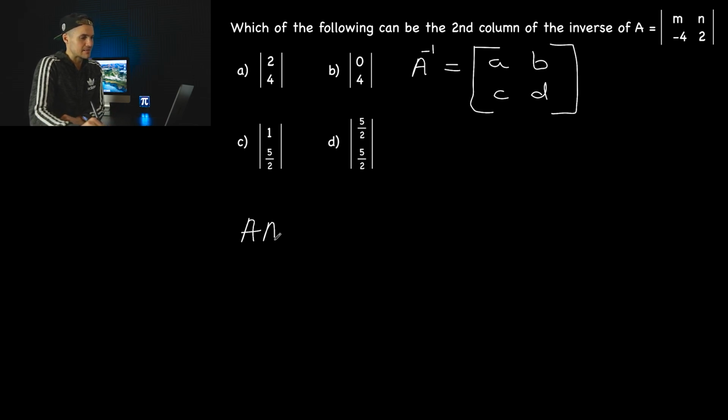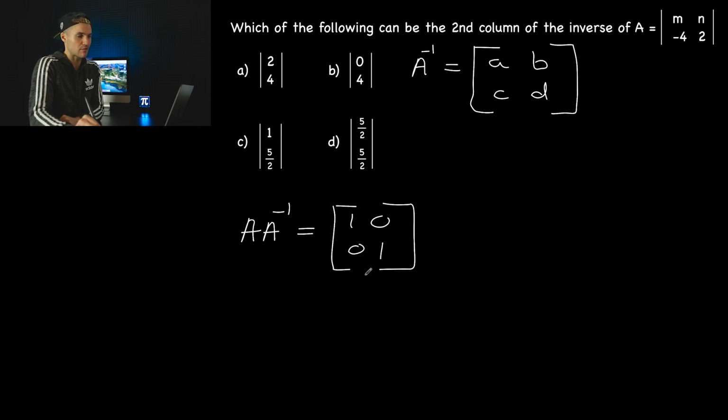A times the inverse of A is going to give us the identity matrix, right? Which is going to be 1, 0, 0, 1. And so from here, let's write out both of these matrices beside each other.